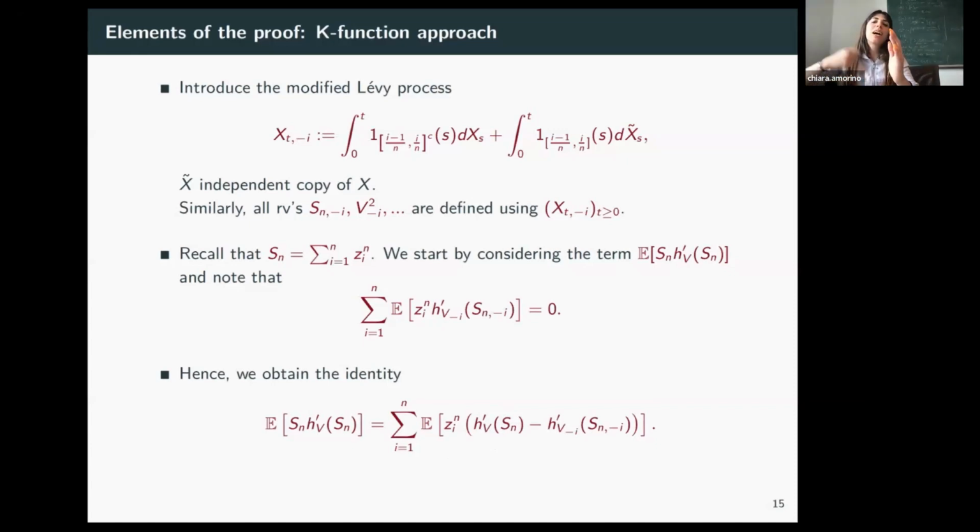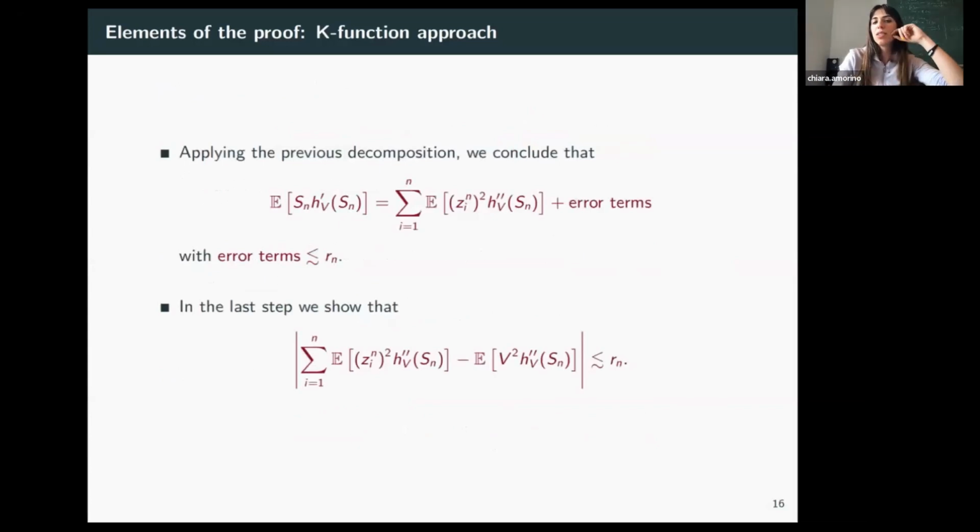You have to consider a lot of terms in this Taylor approximation, but the main idea is really this one. The main term is going to be given by the second derivative of h computed in v, and then you have a ton of error terms that you can prove are negligible, even by iterating this trick, this K approach that I've just shown you.